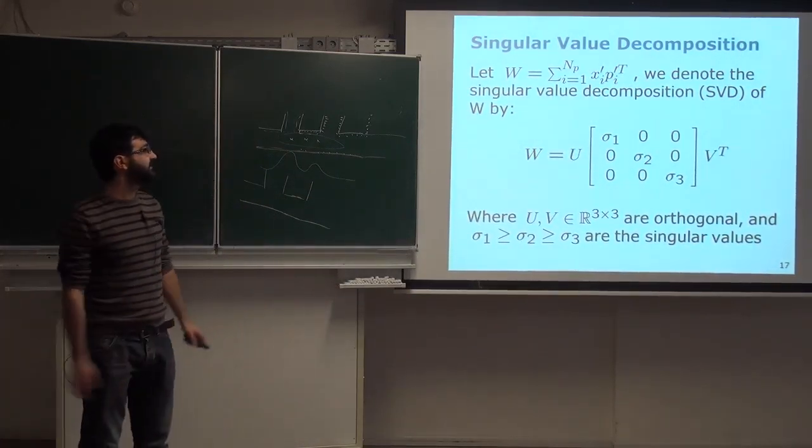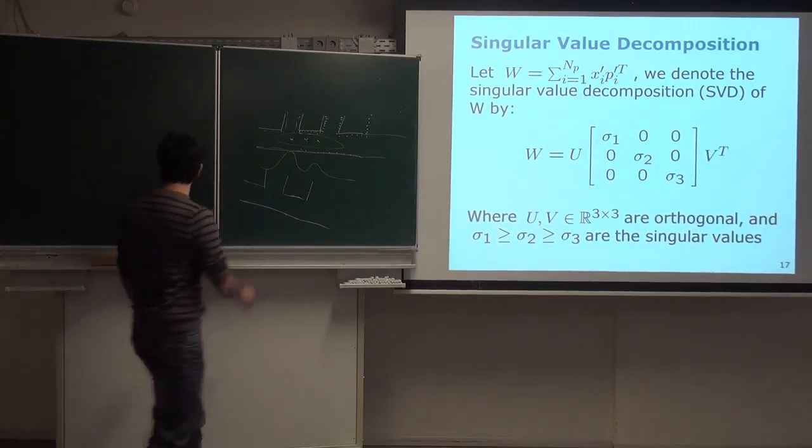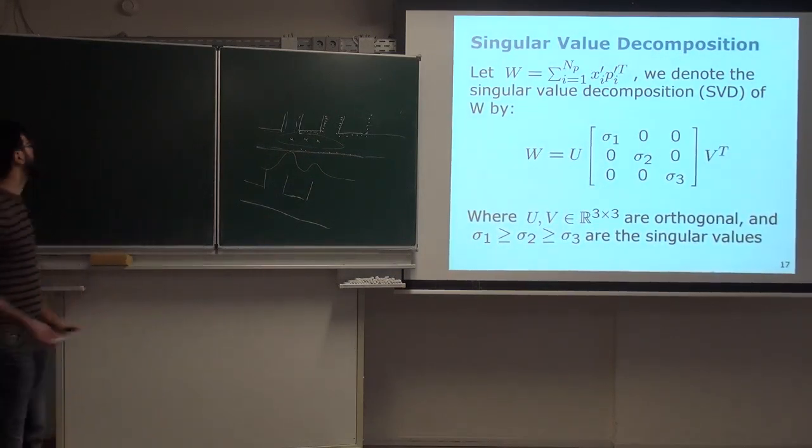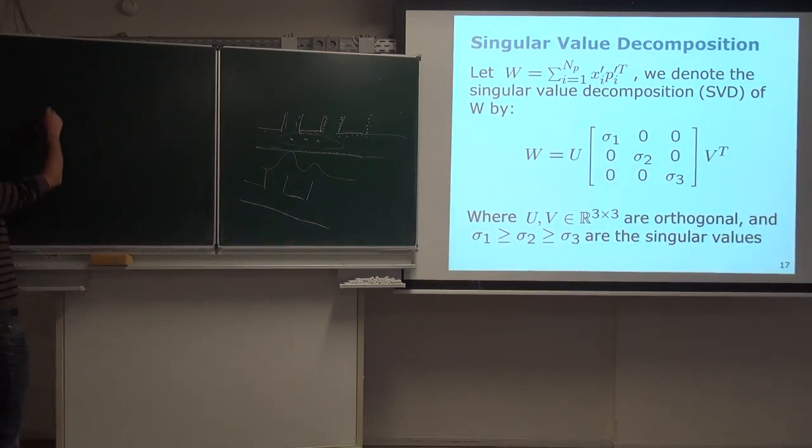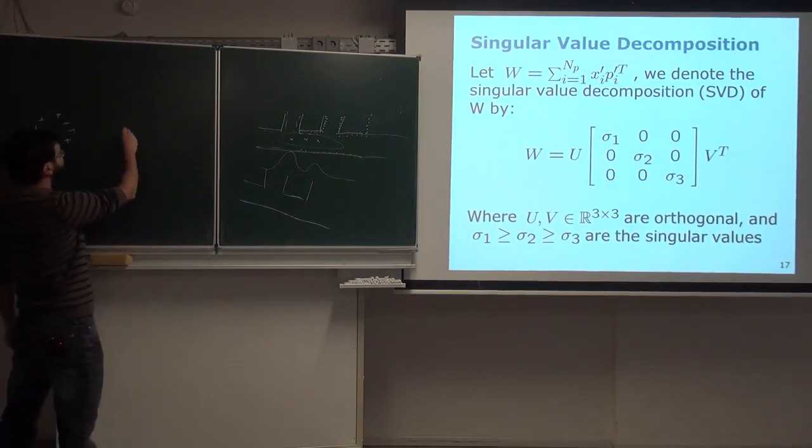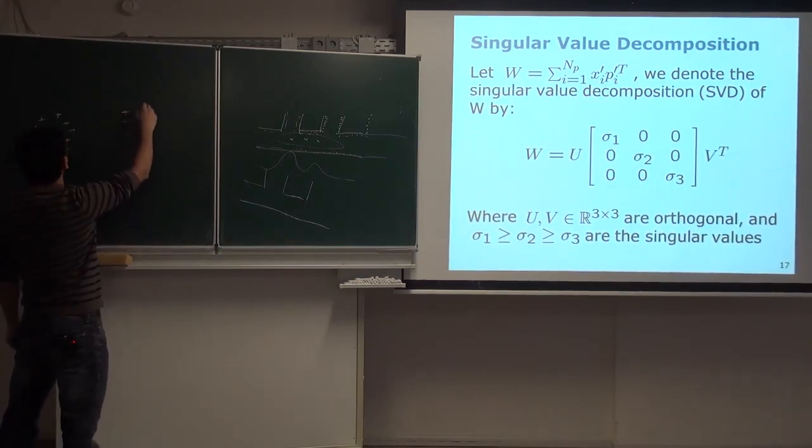So let's see how. Intuitively, what it does is this: I have a set of points x. I then have a set of points p. Maybe let's do balls.